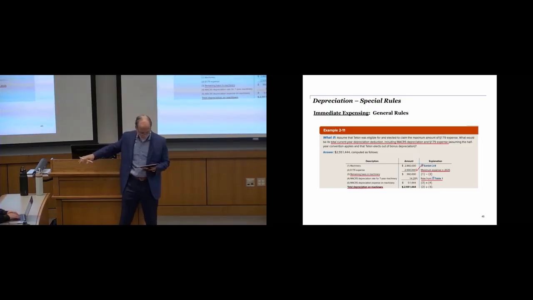After taking the section 179, we reduce the basis of the machinery. That leaves us with the remaining basis of $360,000. Next, we apply the MACRS depreciation to the remaining basis. The machinery is 7-year property, and the problem tells us to use a half-year convention.